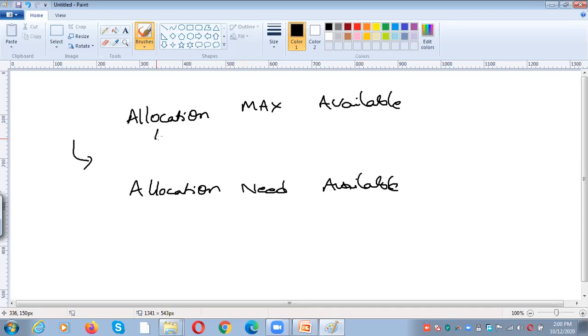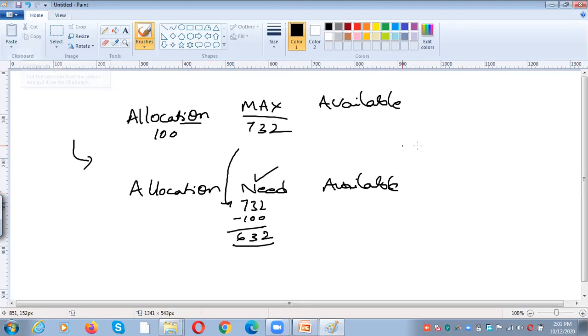For example, allocation is 100 and max is 732. So what is the need? 732 minus 100, so 236 is the need. So we convert this by using these two data structures, and we can get the need so that you can solve the problem easily.